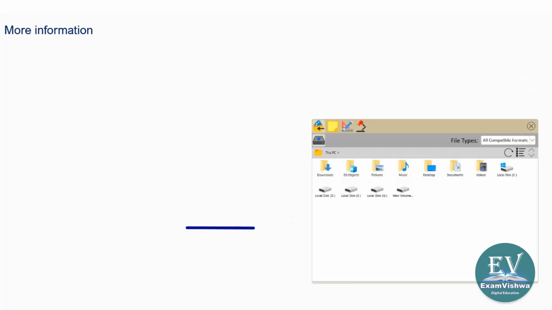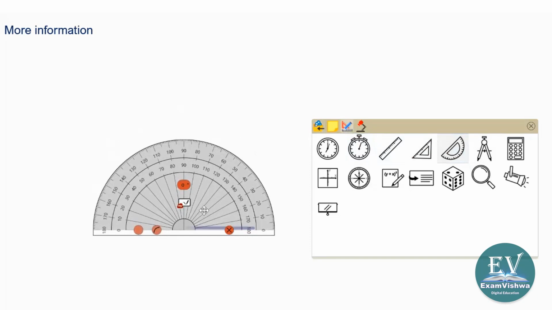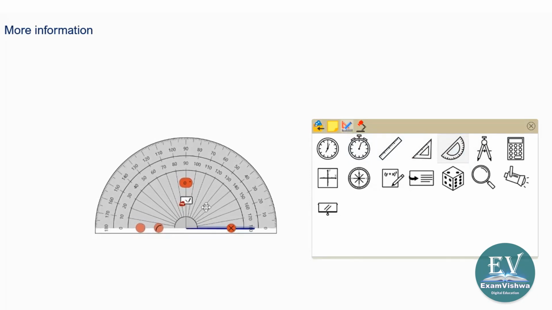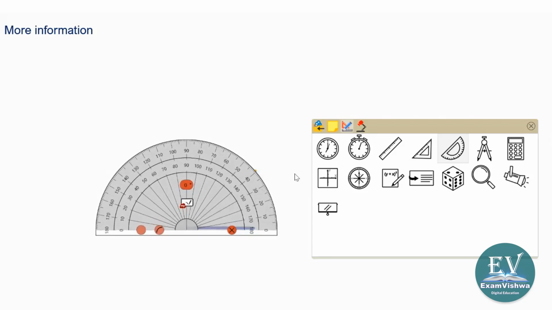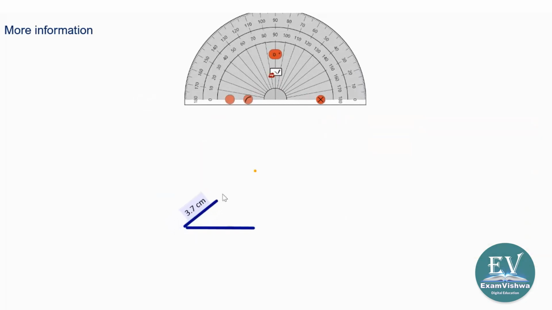Draw a line, very small line of 6 centimeter, and I am going to draw an angle here. Let it be around 40 degree, for example. I can draw a line through here. This is 40 degree angle, suppose.